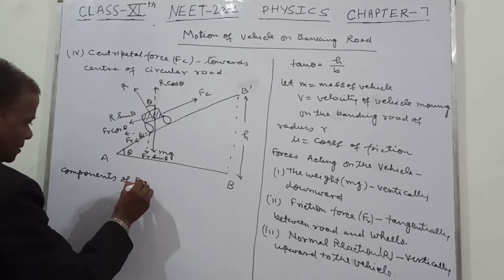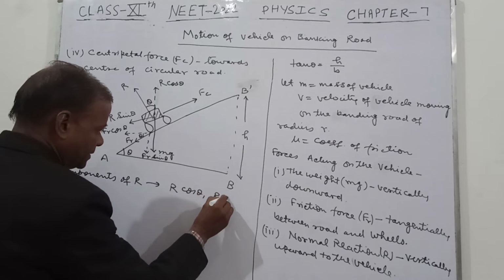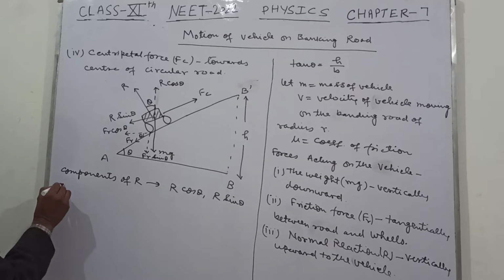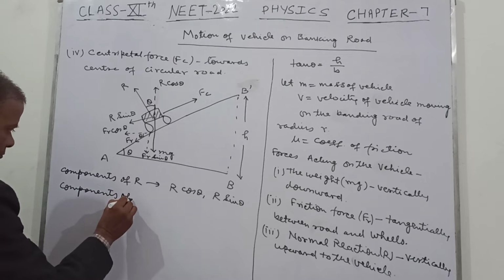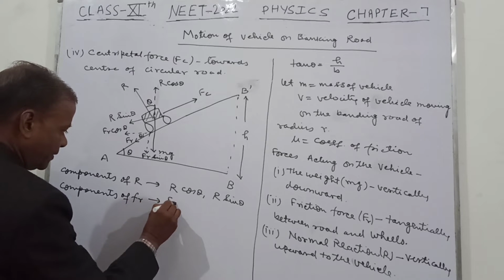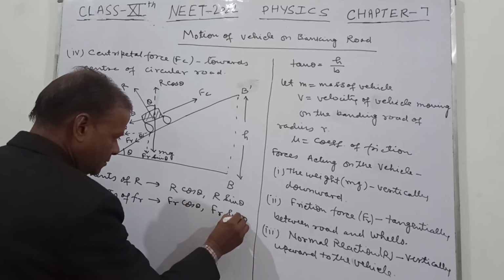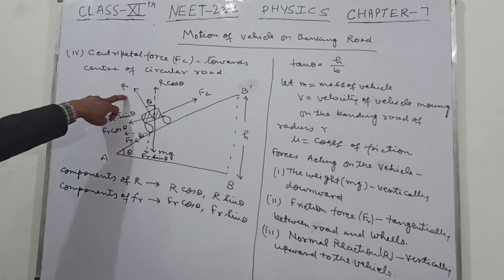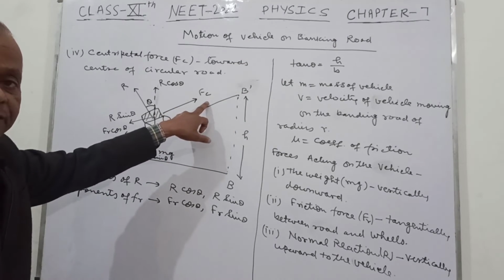Components of R are R cos theta and R sin theta, and components of Fr are Fr cos theta and Fr sin theta. So now you can see that I have shown all the forces: normal reaction, weight, frictional force, centripetal force.